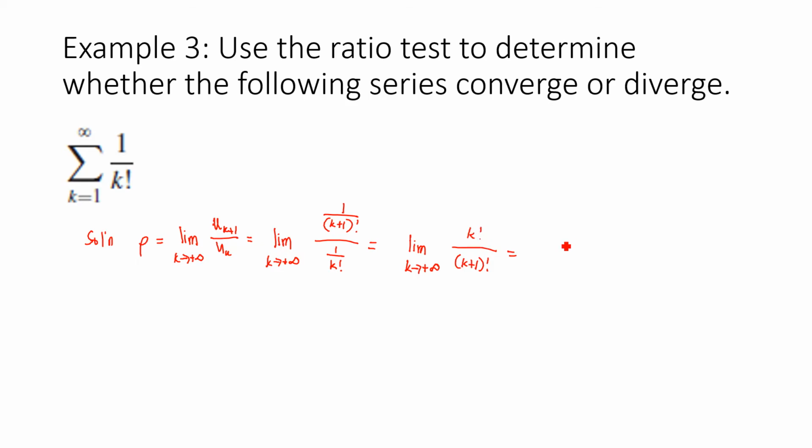So in this case, we could have the limit of k factorial over (k plus 1) times k factorial as k approaches positive infinity. Since we have a common factor in the numerator and denominator, we could divide that one out. So what remains is the limit of 1 over k plus 1 as k approaches positive infinity.